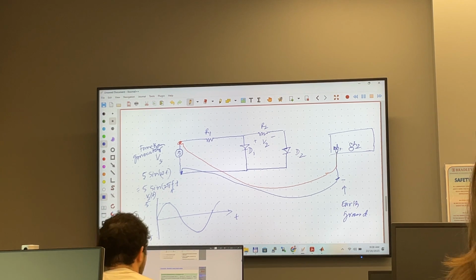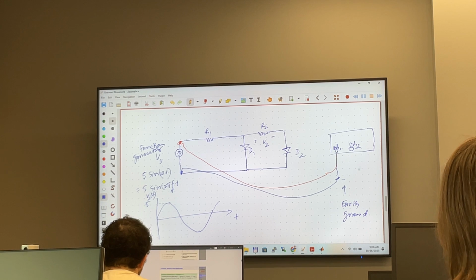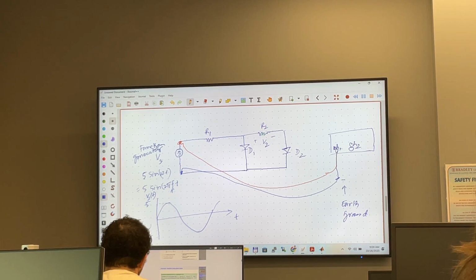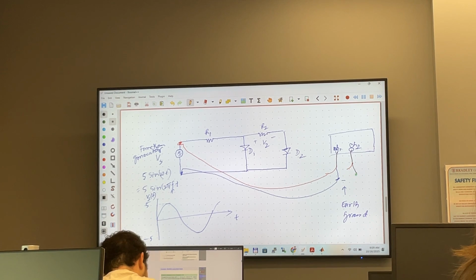Okay? So, most of the time, the mistake that you guys do, if you show this on the scope, you put one channel right here, the other channel 2. Channel 2 has 2 wires. So one is positive, the other one is negative.